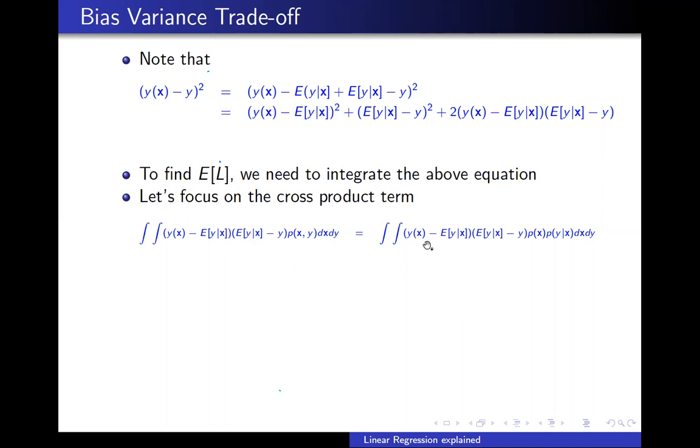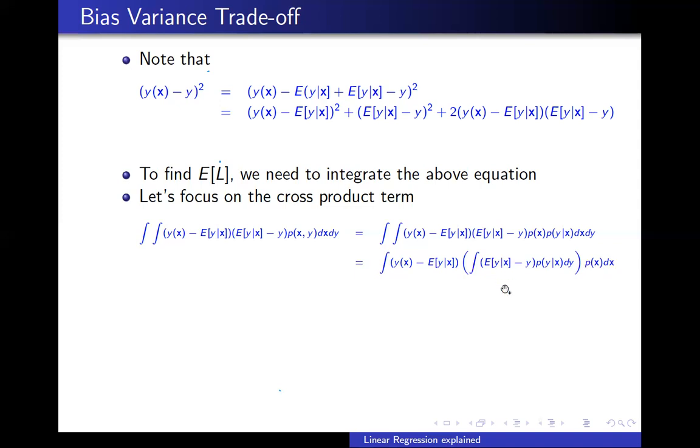So let's try to write it in a slightly different way. The first term we're keeping as it is. For the second term, we are first factorizing the joint distribution p of xy as a product of p of x times the conditional p of y given x. Once we have factored it in this way, we take only this conditional probability term and take p of x outside.